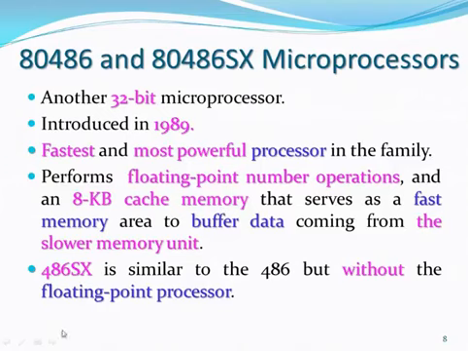Then you were asking what is the difference between the 486 SX and 486? You get the same thing with the 486 but without the floating point processor. You are going to have the memory faster, but that capacity will not reach the 80486. Does it make sense?